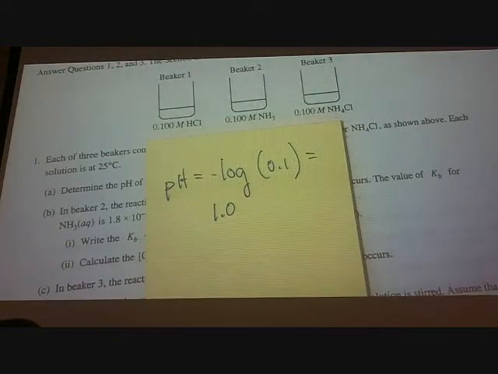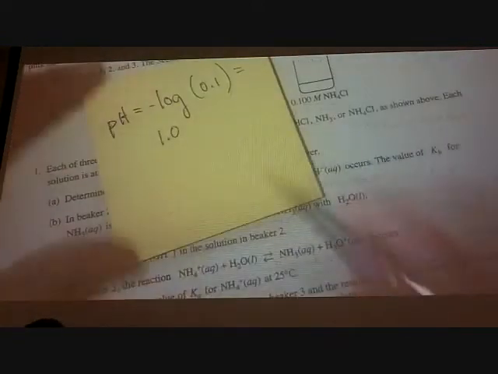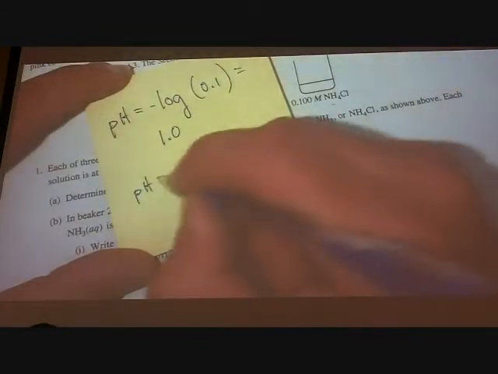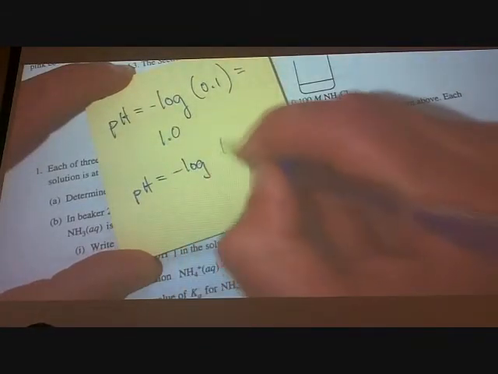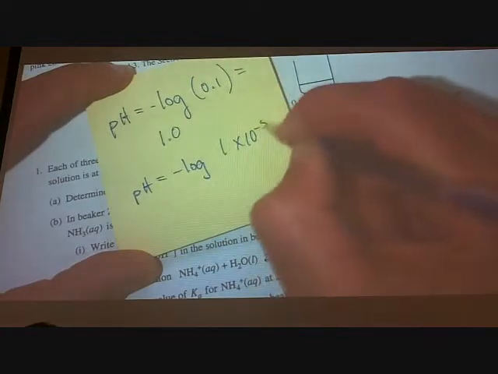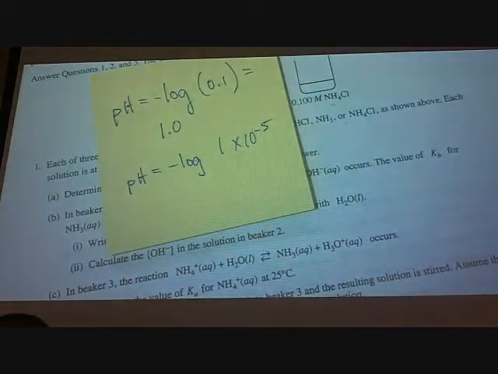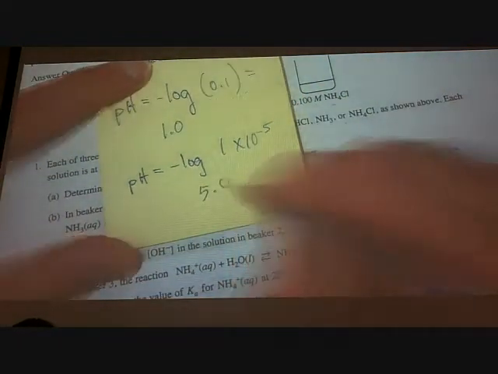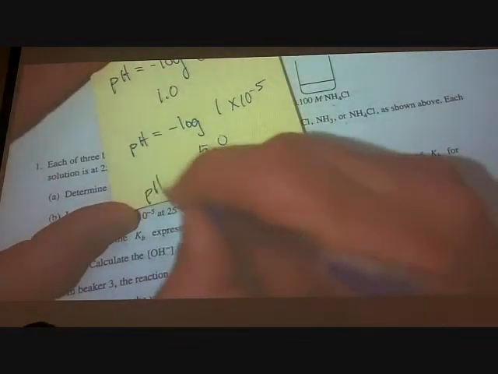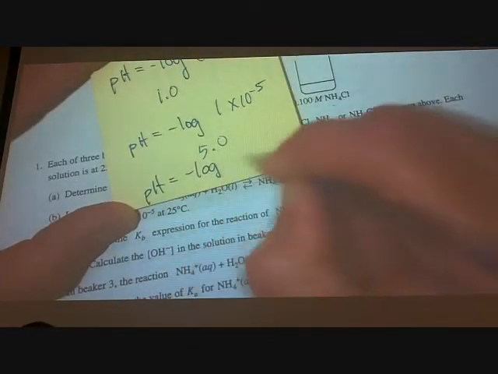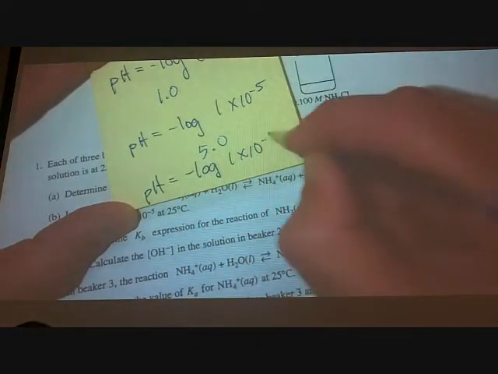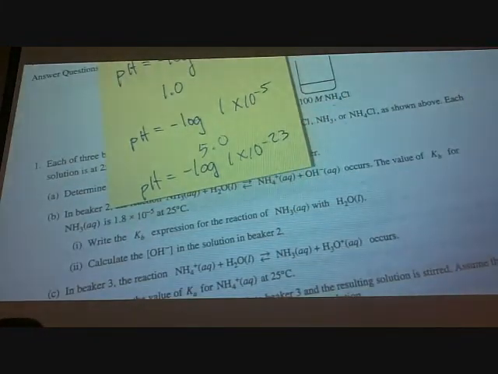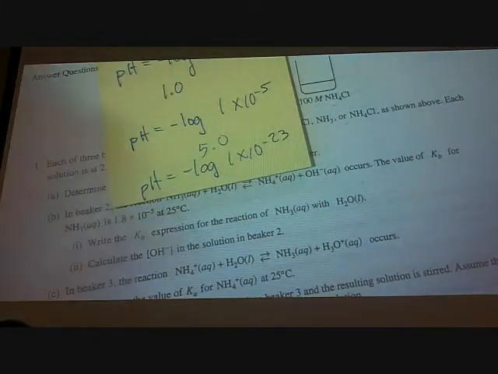Can everybody do that in their head? No? Okay, well here, I'll give you another one. What is the pH for the negative log of 1 times 10 to the negative 5? 5, very good. Here's another one. pH is equal to negative log of 1.0 times 10 to the negative 23. 23, you got it.